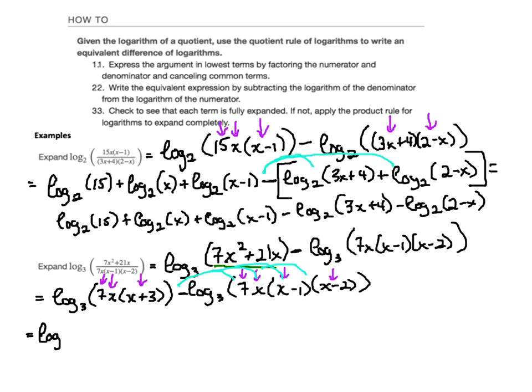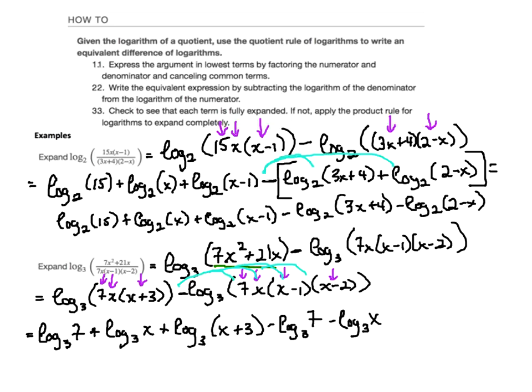So this is equivalent to log base 3 of 7 plus log base 3 of x plus log base 3 of x plus 3 minus log base 3 of 7 minus log base 3 of x minus log base 3 of x minus 1, minus log base 3 of x minus 2. I just got it on there.